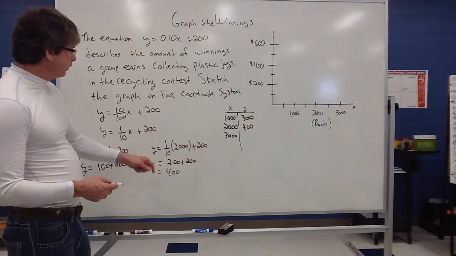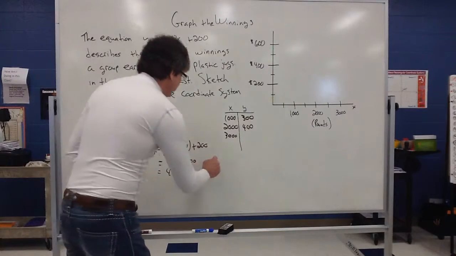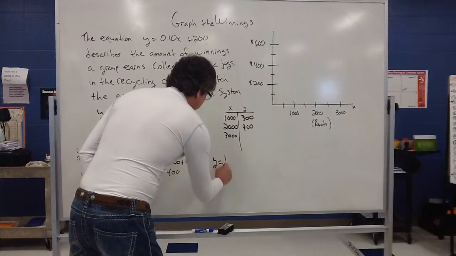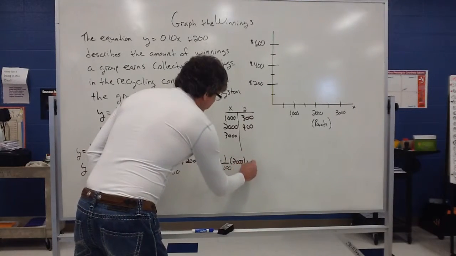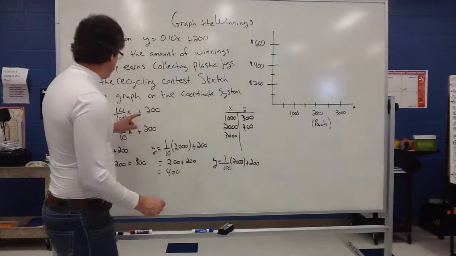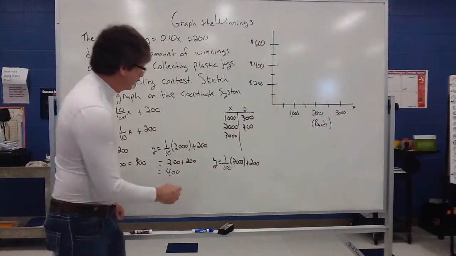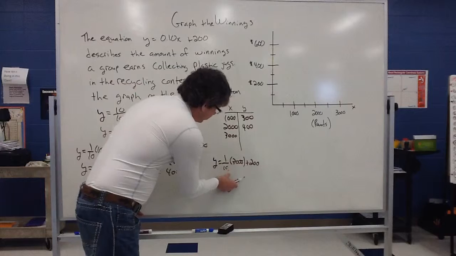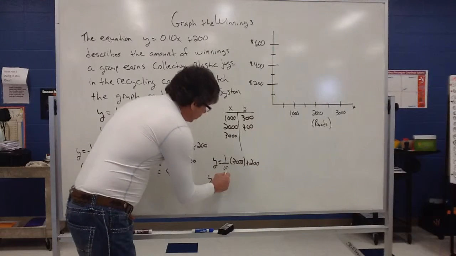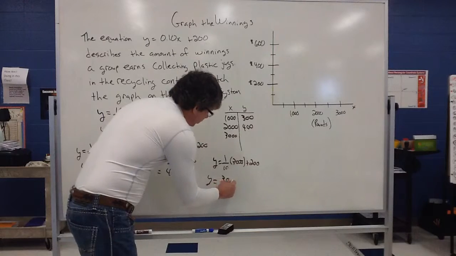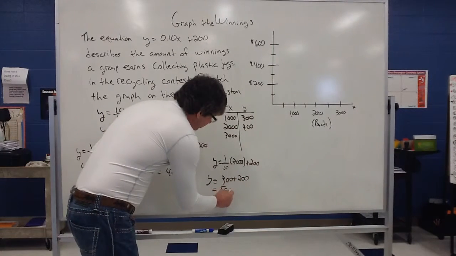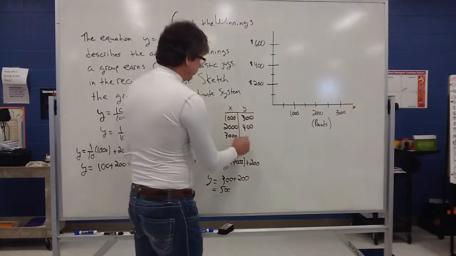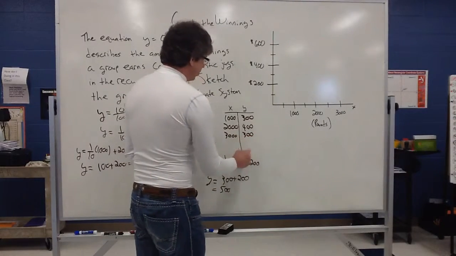That's going to be a relationship that goes on with linear equations. But let's go ahead and verify this 3,000. So I'm going to have y equals 1/10 times 3,000 plus 200. That was my original equation. So y equals 10 goes into 3,000, that's going to drop off a 0. That's going to be 300 plus 200. And that does indeed give me my 500. So when I put 3,000 pounds in, I'm going to get $500 out.